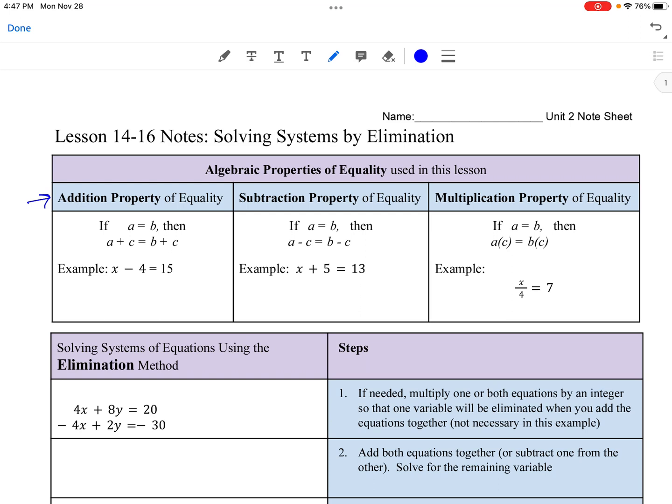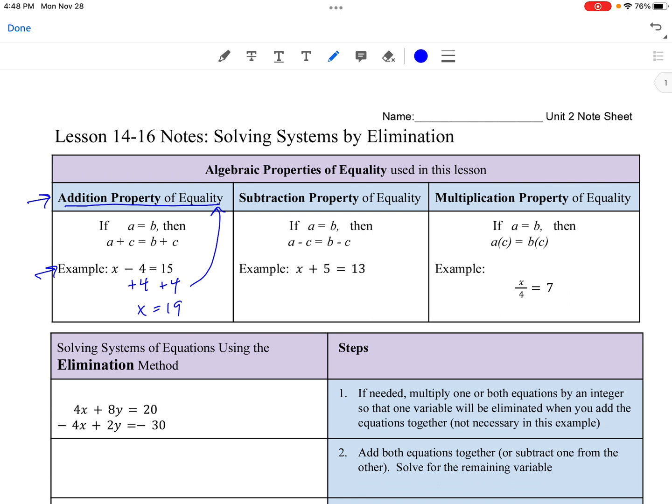The first property is the addition property of equality, and we use this when we're solving for x in this situation. We have x minus 4 equals 15. To get x by itself, we would add 4 to each side and get x equals 19. The justification for this is the addition property of equality.